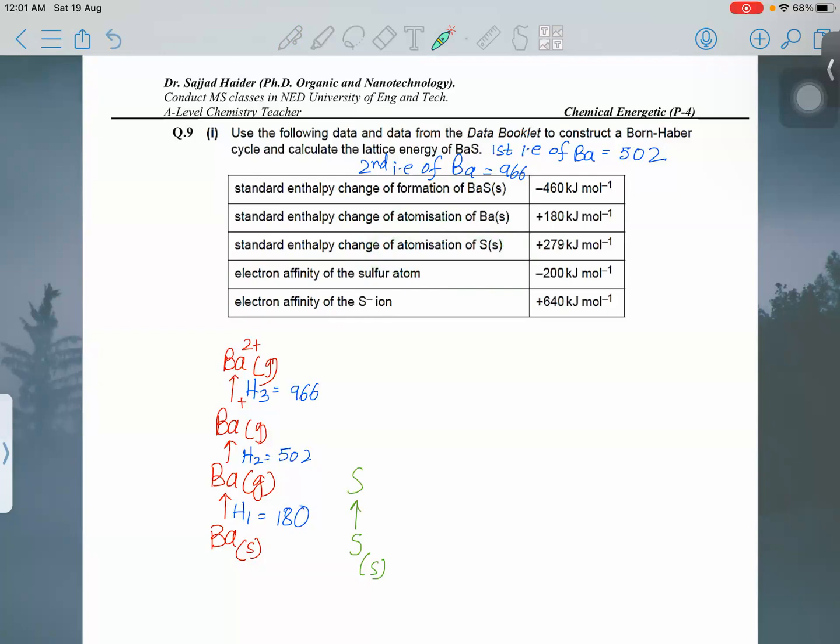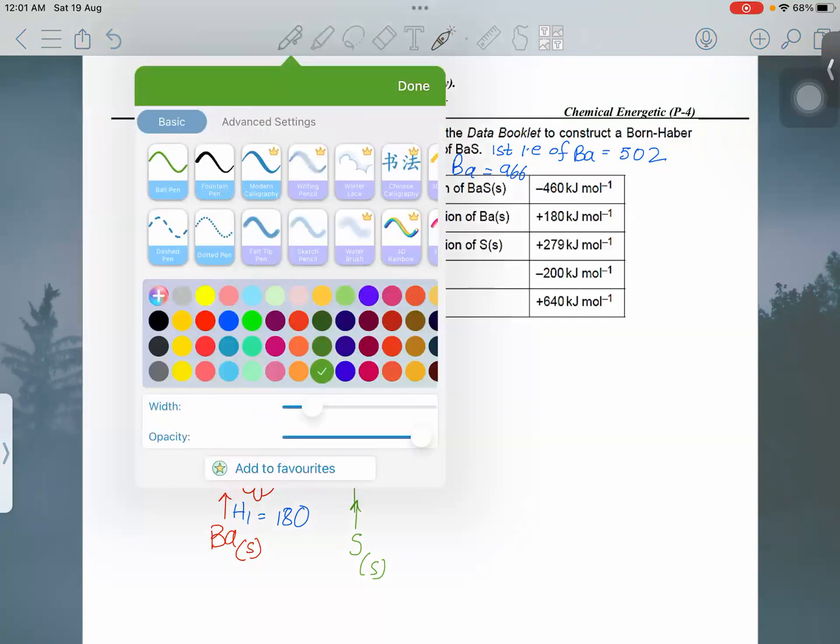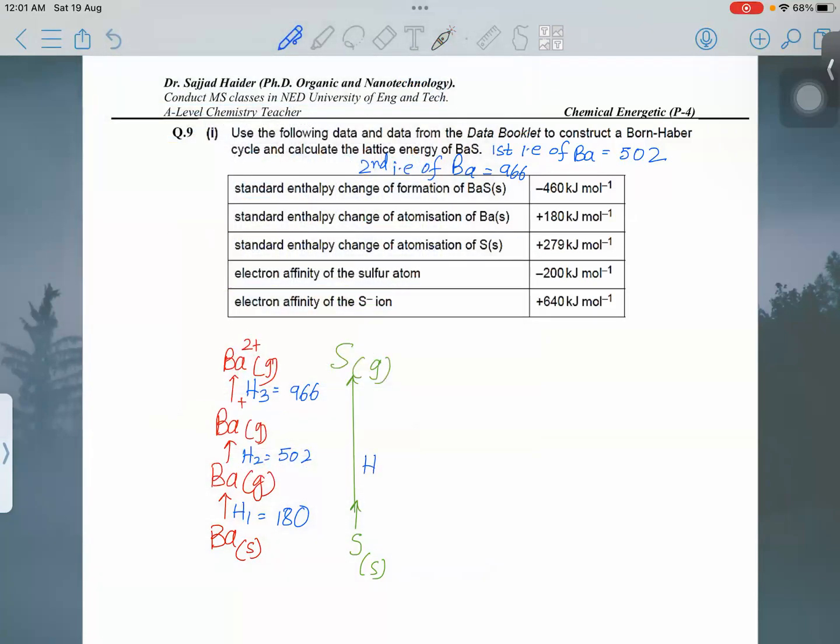Atomization means a gaseous atom is formed, right? Sulfur gaseous is formed. Can you tell me what it is? Yes, 279.